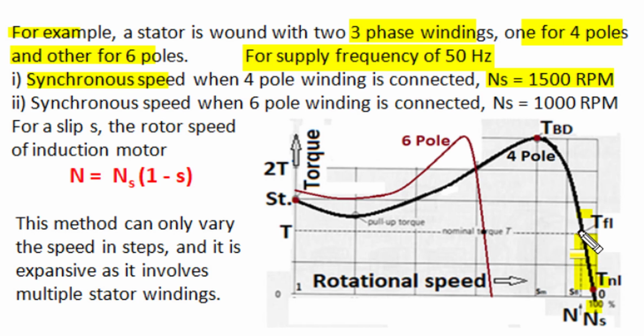And if all of a sudden we change the number of poles from 4 pole to 6 pole, the synchronous speed of the rotating magnetic field will change from 1500 to 1000 rpm in a step, and as the synchronous speed changed, to produce the same amount of torque with the same amount of slip, the operating speed at full load conditions shifts from 1425 rpm to roughly 950 rpm.